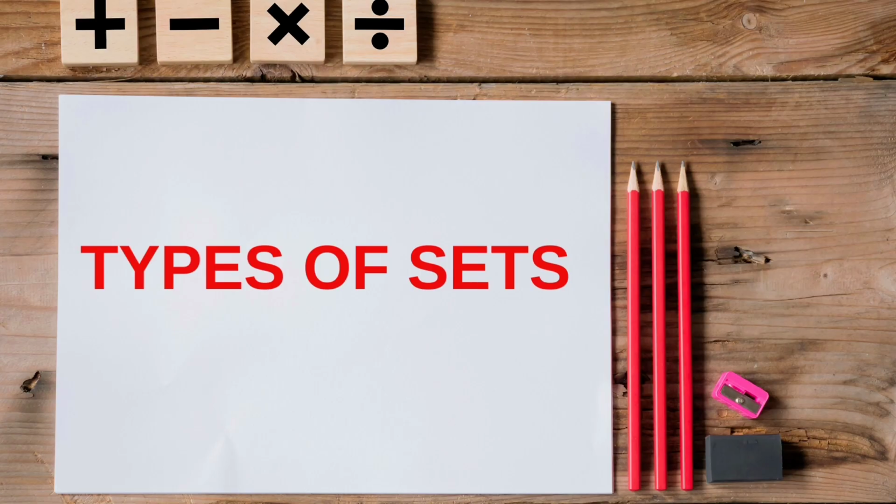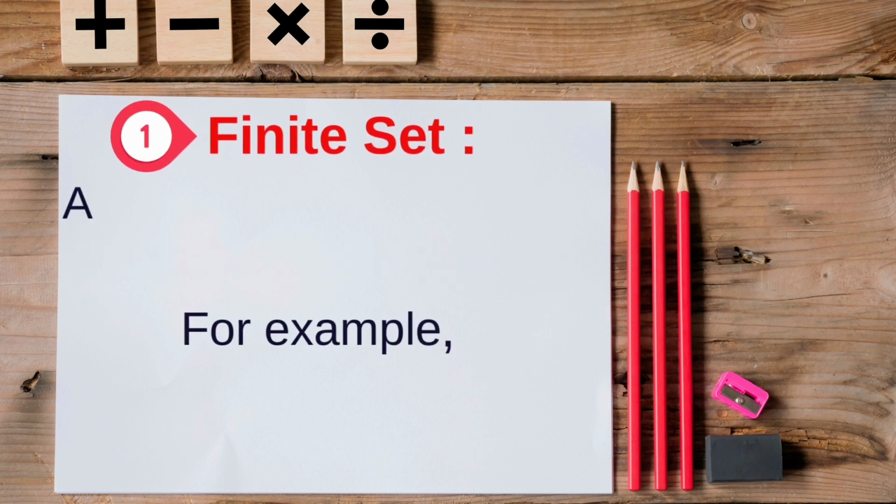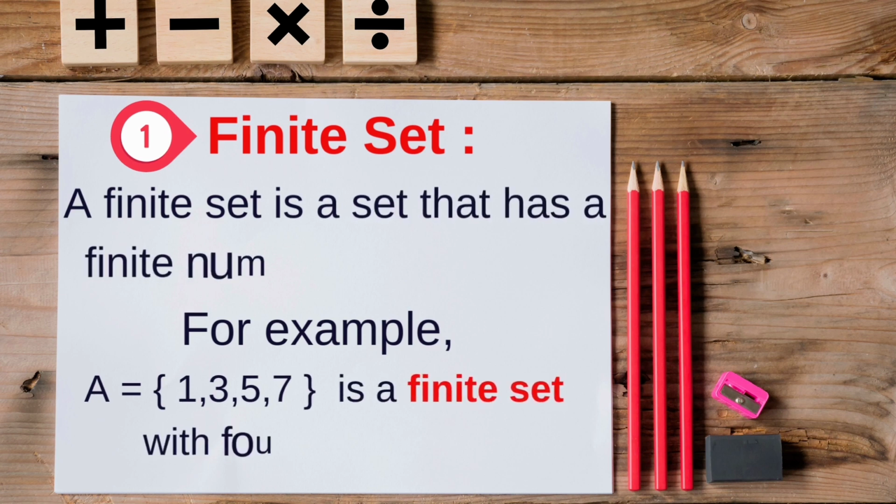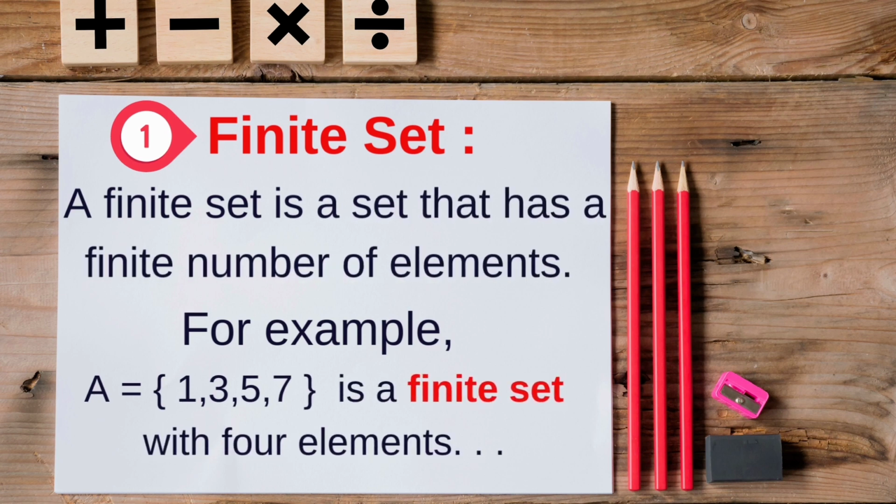Next, we have types of sets, which will be the bulk of what we'll be discussing in this video. Number 1, finite sets. A set is finite when its elements are countable. There are examples showing up on your screen right now.